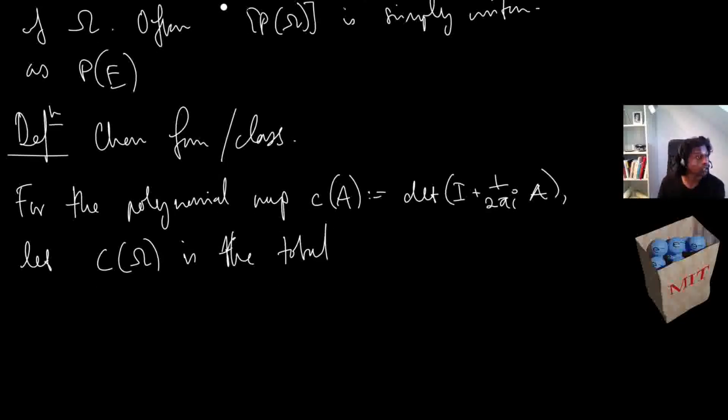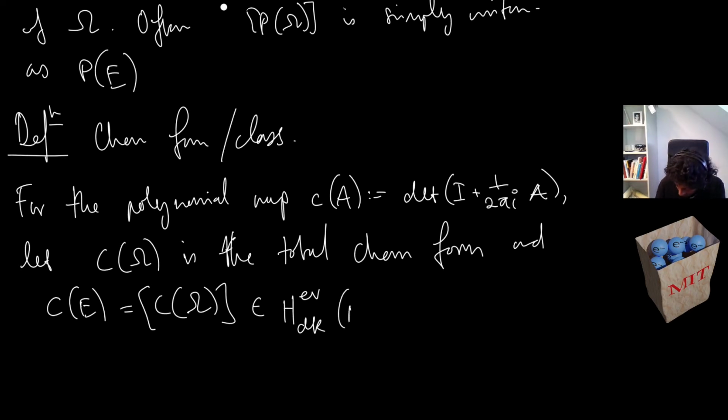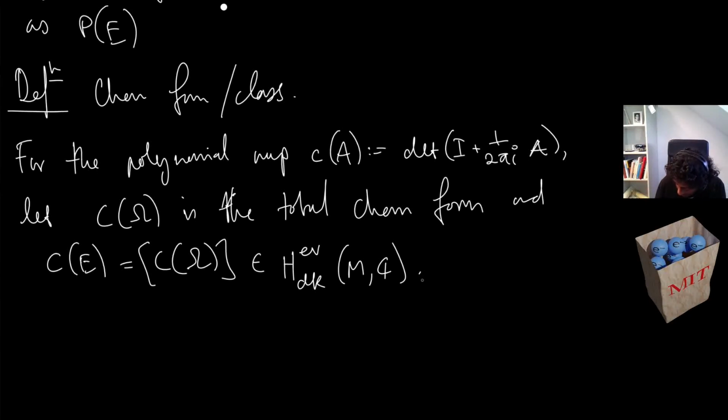Is the total Chern form, and C of E equals C of omega, which is now in the even cohomology, is the class. Okay.